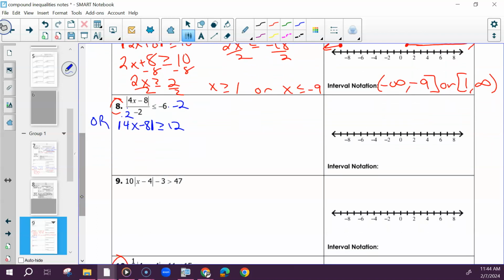It is now isolated, so go ahead and drop your absolute value, set up your two equations, and solve both.